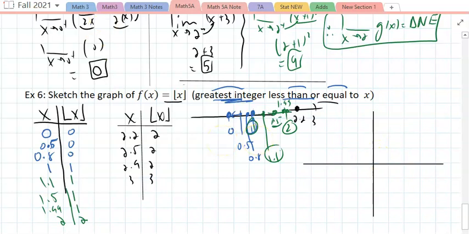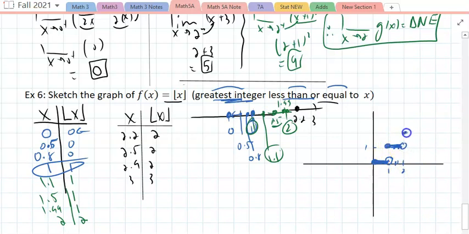So 0, 0, 0.5, 0.8. Isn't it any value between 0 and 1 will give me 0? What happened when I get to 1? I am at 1. 1.1, if x equals 1.1, y equals 1. 1.2, 1. 1.3. What happened when I get to 2?